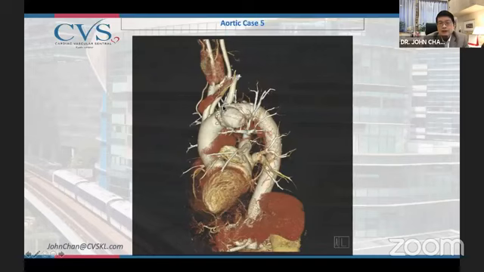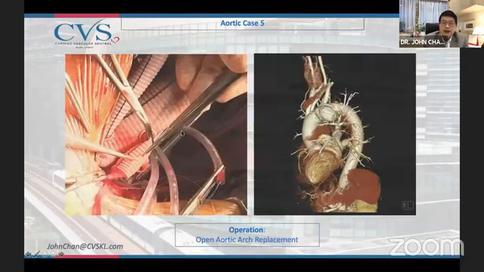The challenge is, of course, the blood supply to the brain arises at around the same place. So again, we will have to use a special graft to replace this part of the aorta and connect to the blood vessels to the brain again. And this is the picture at surgery. The graft is sutured, in this case, to the innominate artery and the aortic arch.